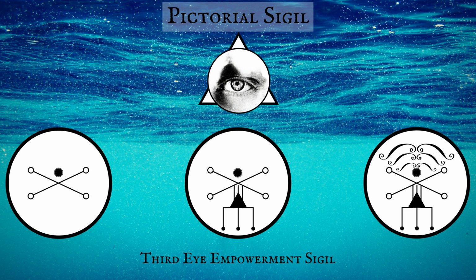Now here in the third and final image, the wave-like lines represent the unfoldment of a flower. This symbolizes opening or blooming of the third eye to become something beautiful, empowered, and of course, wide open.